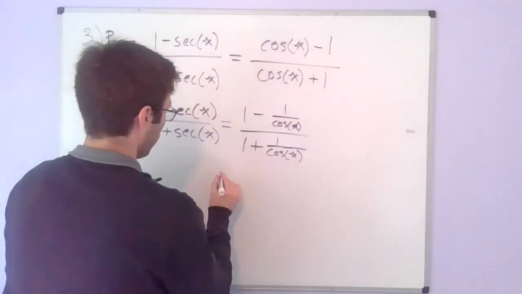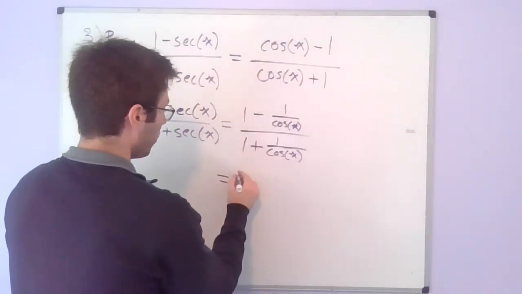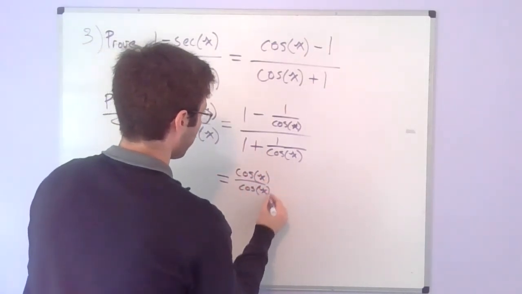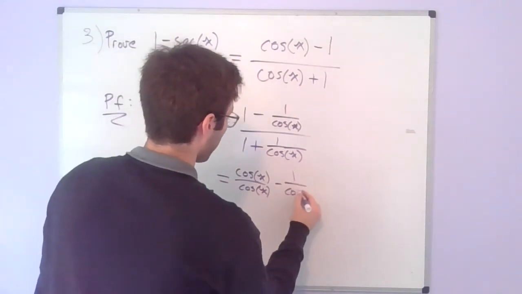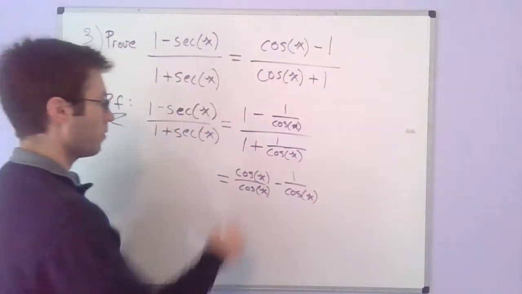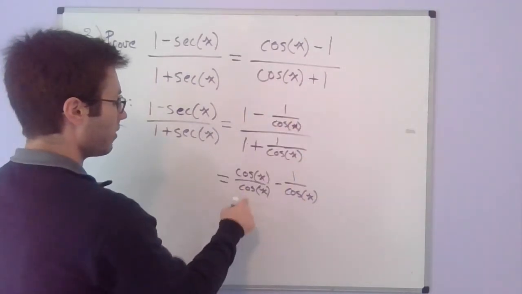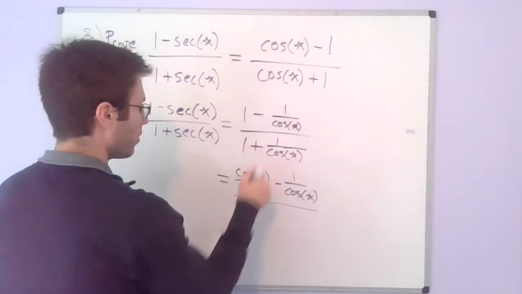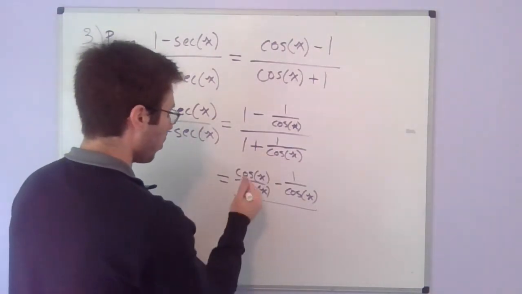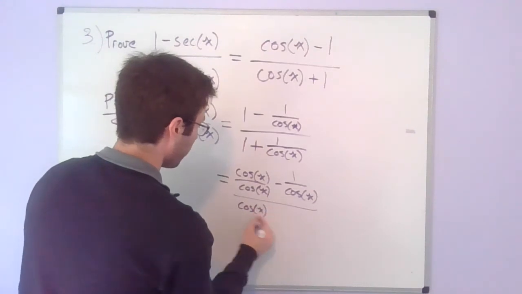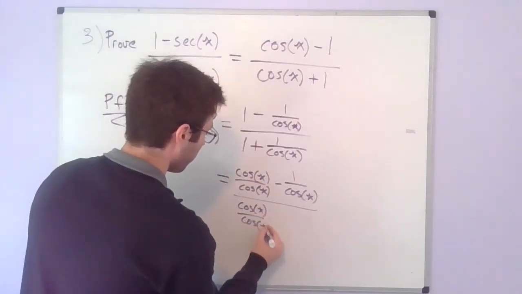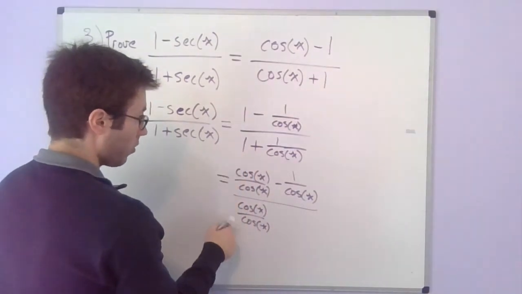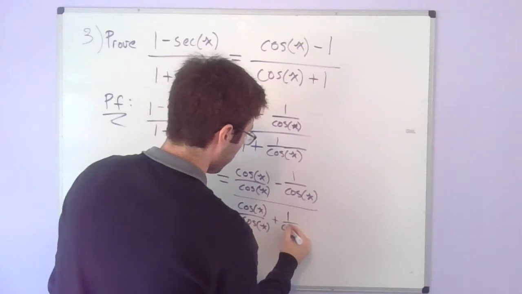So I have 1 right here. So this value is really cosine x over cosine x minus 1 over cosine x for the numerator part. The reason I'm doing that is to get my cosine x term down there. Now I have 1 plus, and also instead of writing 1, I'm going to write cosine x over cosine x, because that's the number 1 right there, and then I have a plus 1 over cosine x.